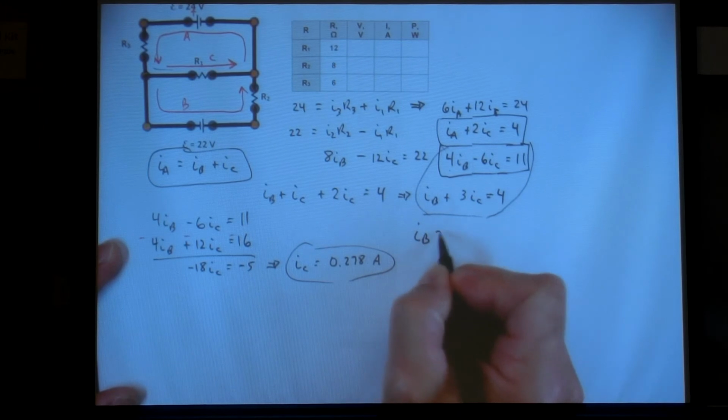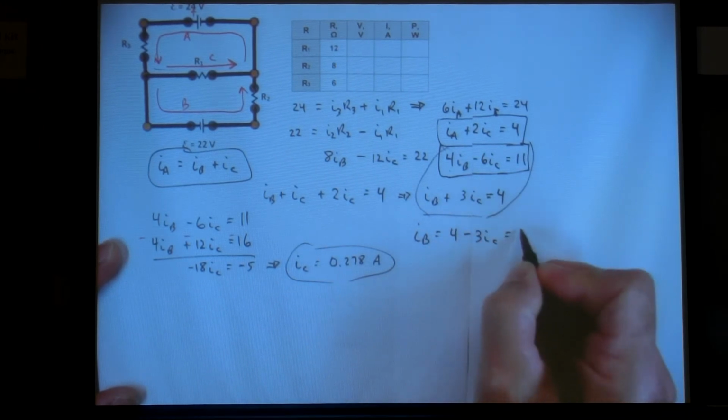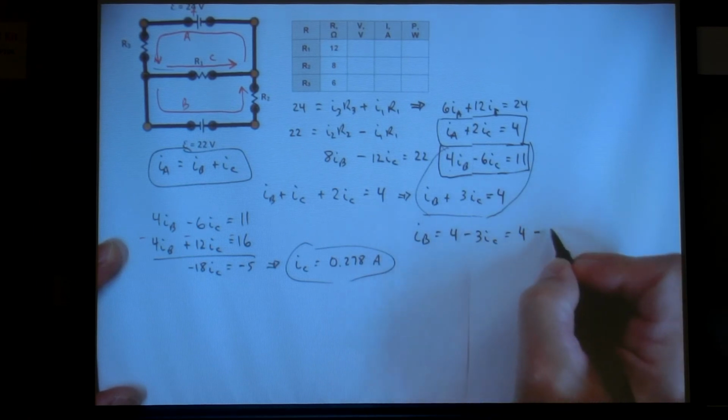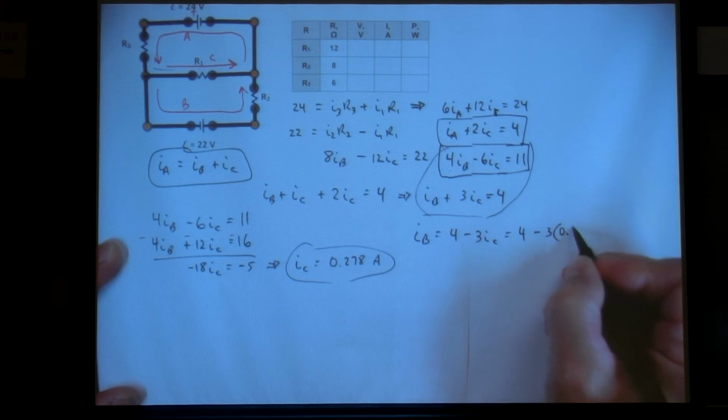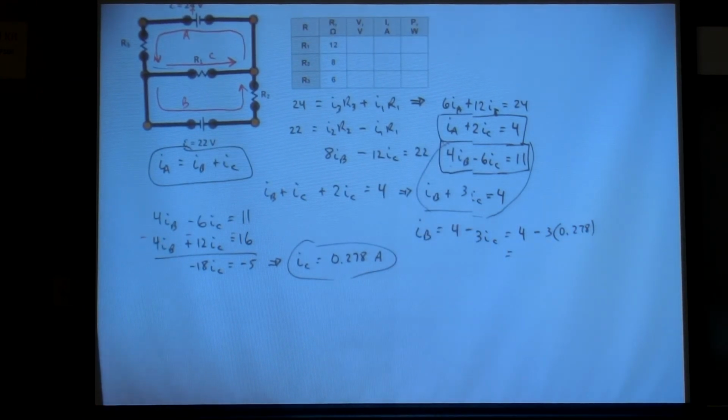So IB will equal 4 minus 3IC, which is 4 minus 3 times 0.278. So 3 times 0.278 is 0.834.